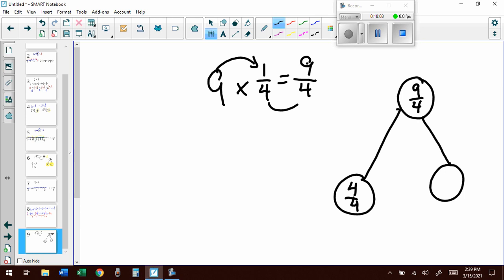However, that also means that we have a second one whole that we could partition into. 4 plus 4 equals 8, and we need an additional 1/4. So here we need to find our one whole pieces. How many one whole pieces are in 9/4? We have one right there.